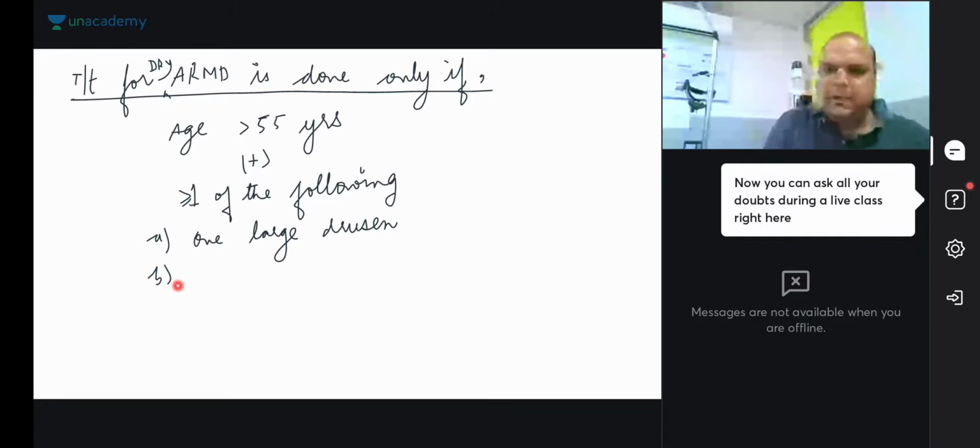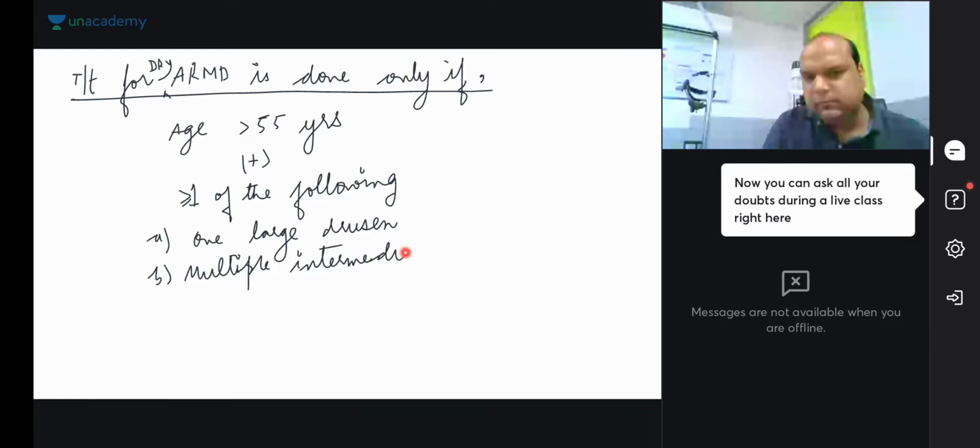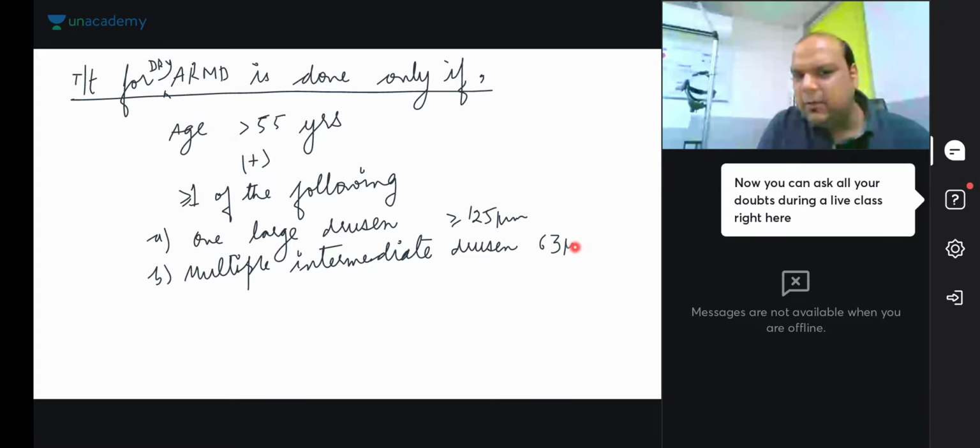Secondly, multiple intermediate drusen. If you just noted down, the large drusen was greater than 125 micron. Small drusen was less than 63. So between 63 micron to 124 micron will become your intermediate.